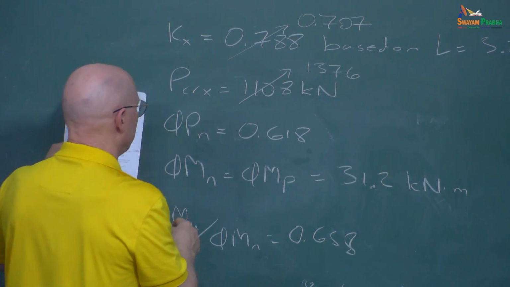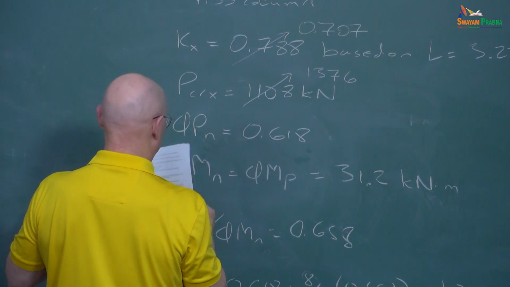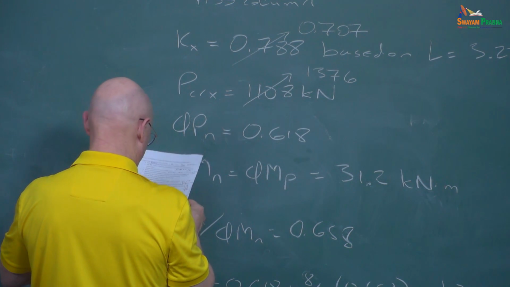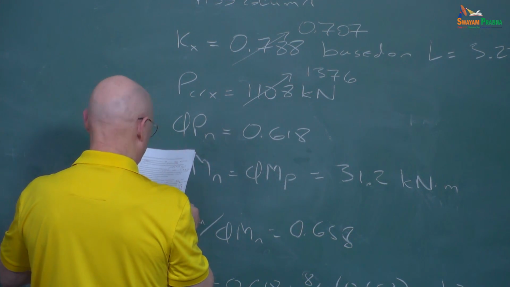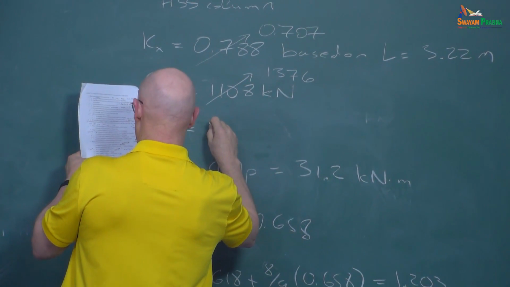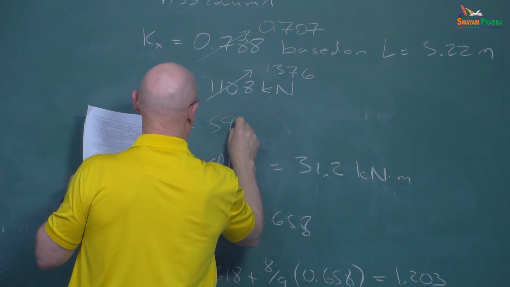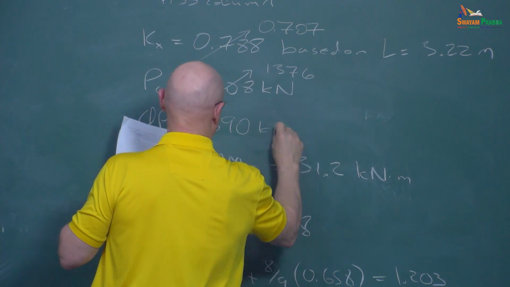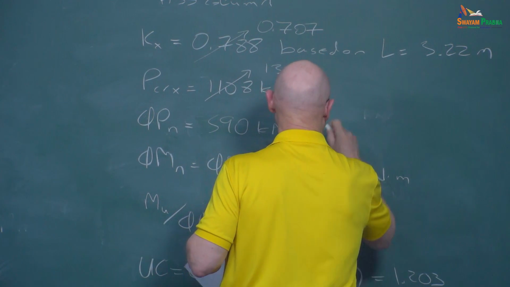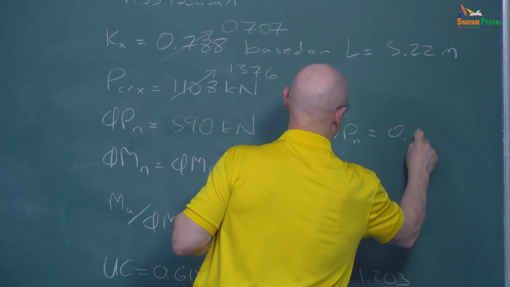My VPN is 0.618, that's not right. I wrote down the ratio there. PN was 590 kilonewtons before, and PU over VPN was 0.618.